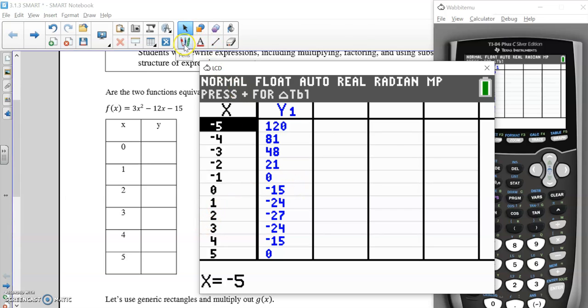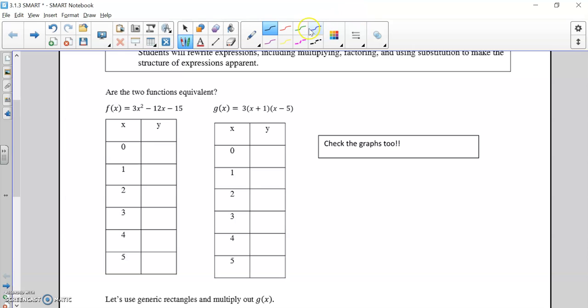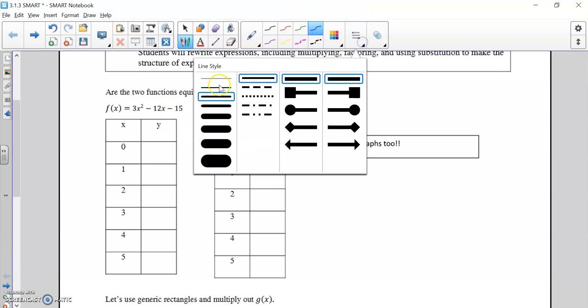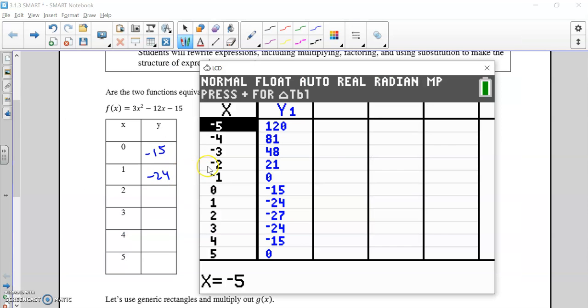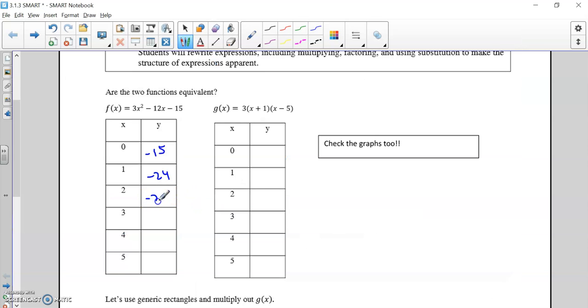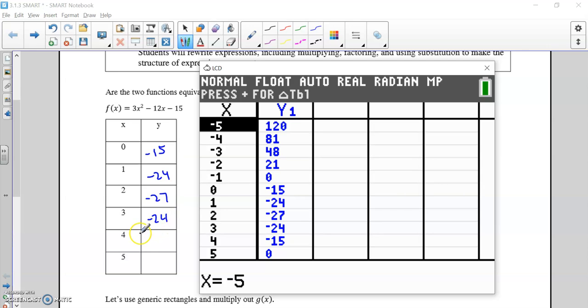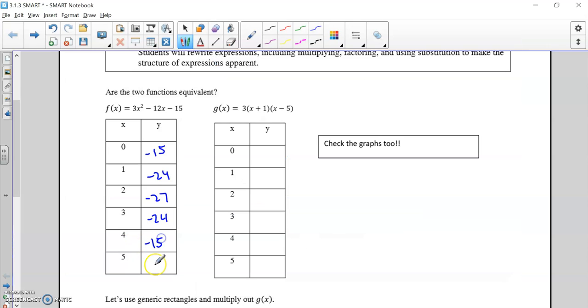We have negative 15, negative 24, negative 27, negative 24, negative 15, and 0. All right, so that's our first table.